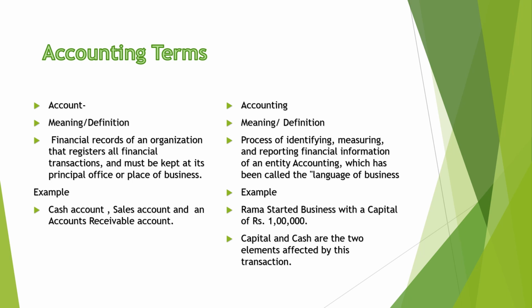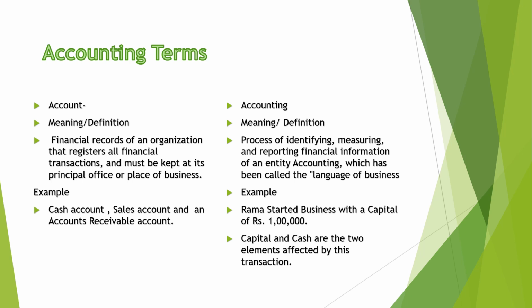or a place of business, and the books which are used to record the transactions and the various information relating to an organization is called an account. So here examples are cash account, sales account, receivable account.